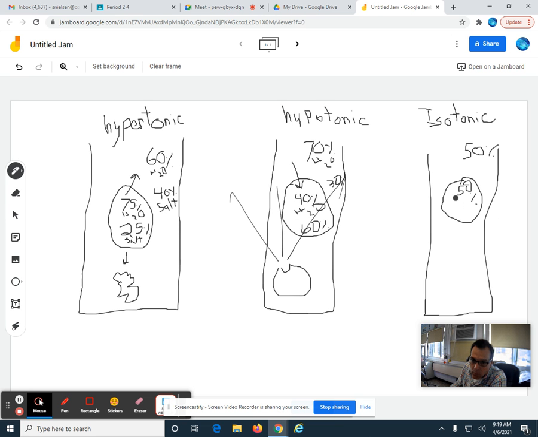The key is that it will keep moving at the same rate. That means the rate at which those molecules are bouncing around inside the cell and moving outside the cell will happen at the same rate that the molecules bouncing outside the cell will move in. And so you draw this arrow both ways, showing an isotonic solution, and the cell state stays the same, meaning it doesn't swell or shrink.